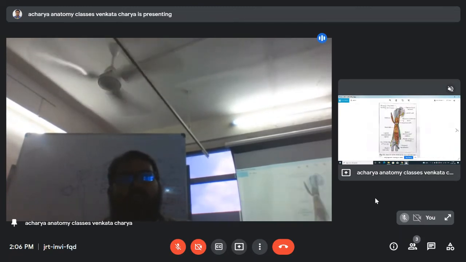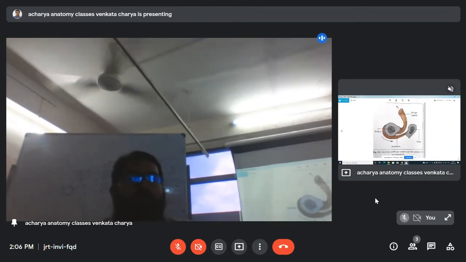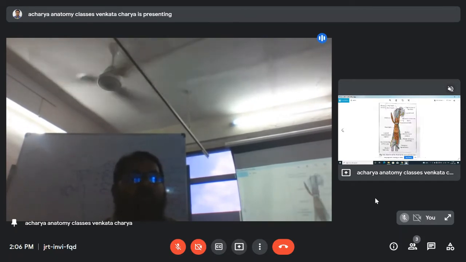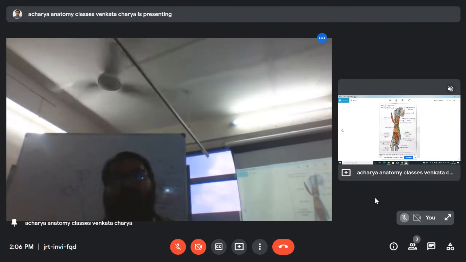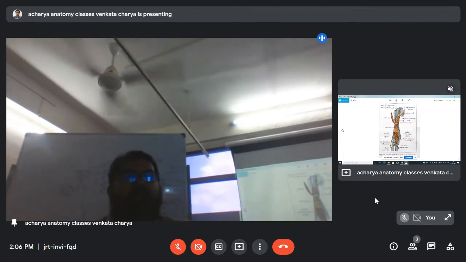Musculocutaneous nerve is a 4 marks question. Musculocutaneous nerve arises from the lateral cord of the brachial plexus.